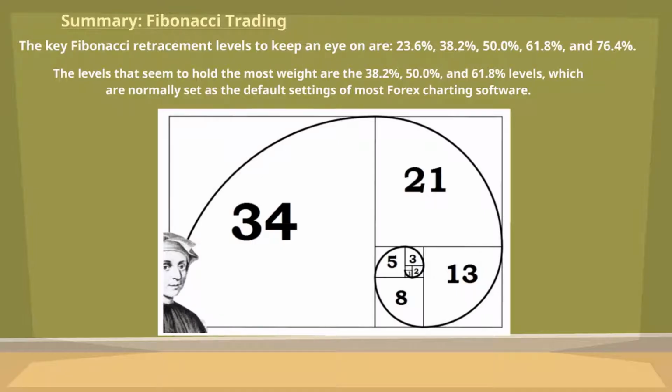So now we come to the summary of Fibonacci trading. The key Fibonacci retracement levels to keep an eye on are 23.6%, 38.2%, 50.0%, 61.8%, and 76.4%. The levels that seem to hold the most weight are the 38.2%, 50.0%, and 61.8% levels, which are normally set as the default settings of most Forex charting software.